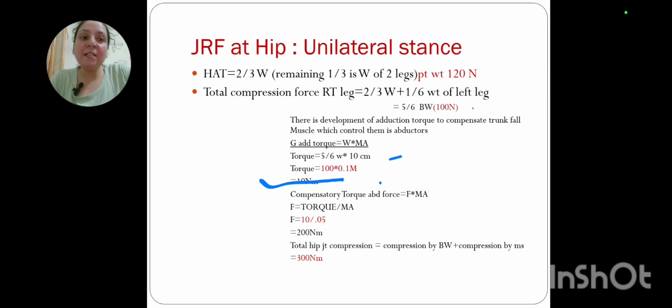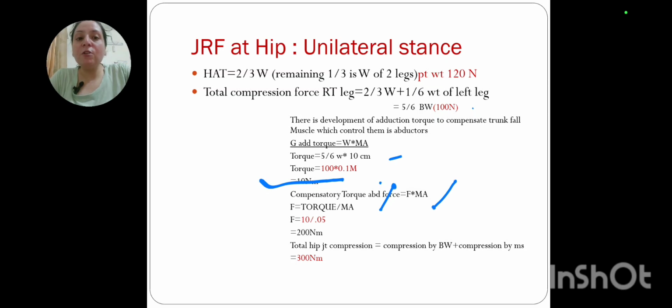That is how we understand we are maintaining the unilateral stance. We know this amount of torque is available to us. We know the movement arm of the abductor group of muscles, which we have taken as 5 centimeter, that is 0.05, and we know the torque is 10.